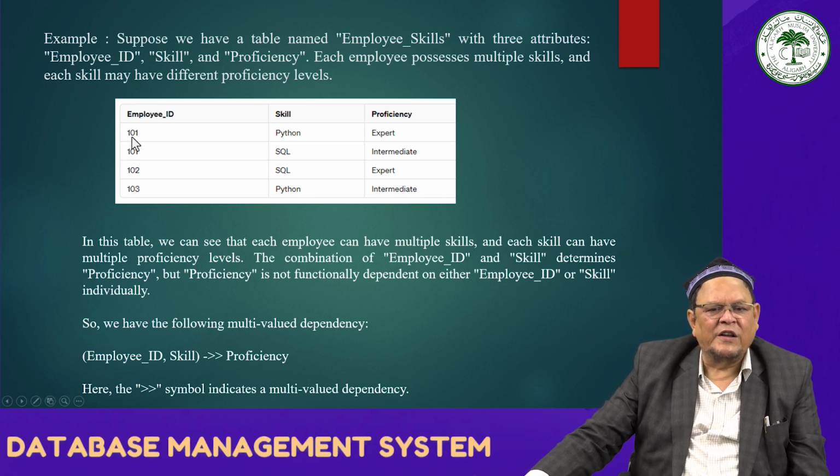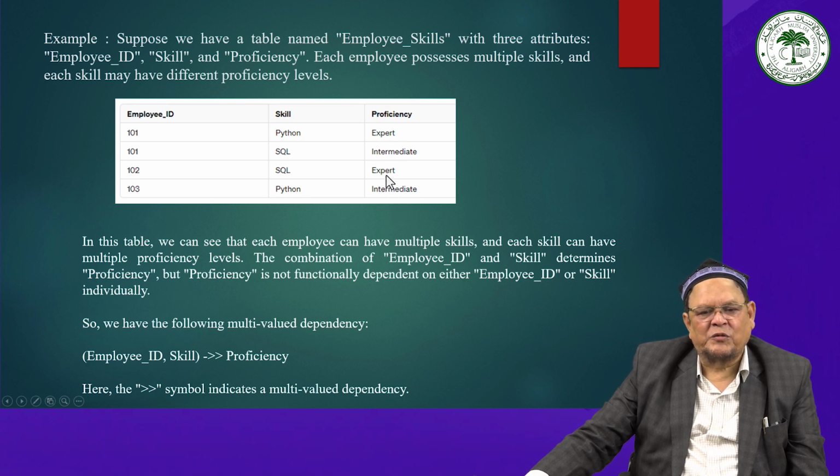So here employee ID is 101, skill is Python, and he is expert, and also employee ID 101 has the skill SQL with intermediate proficiency. Employee 102 has SQL and proficiency is expert.